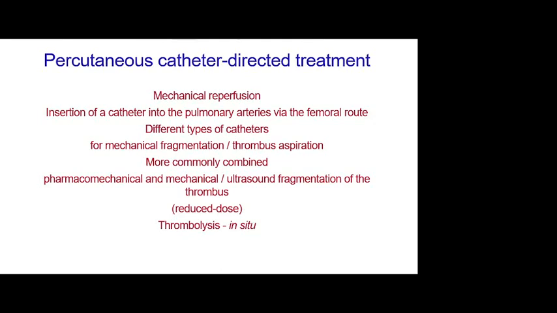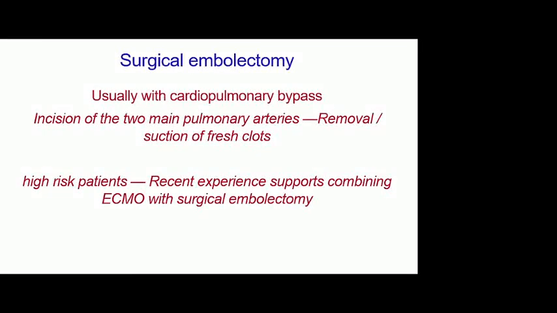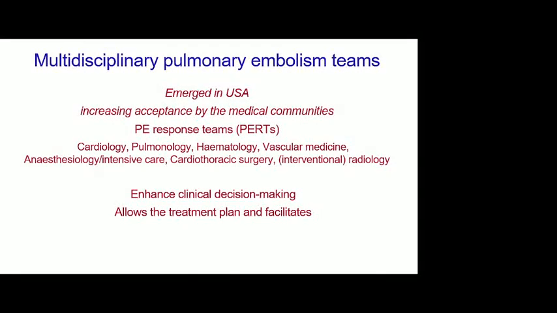It will be a low dose of thrombolytic agent given topically and it is more effective. Then surgical embolectomy also can be done if the facility is available. Mainly these mechanical thrombectomy and surgical embolectomy are done if thrombolysis has failed or is contraindicated.